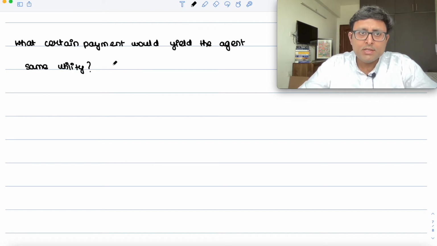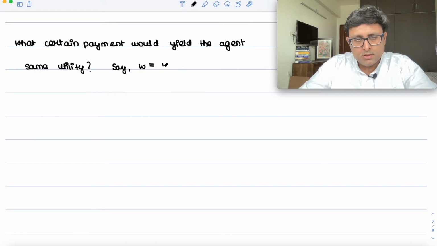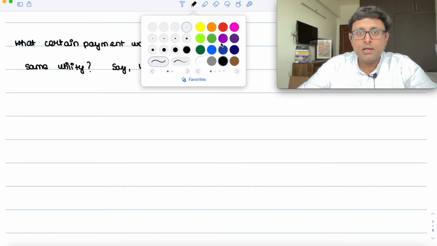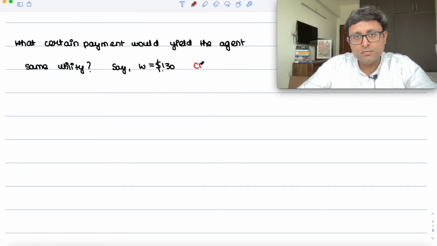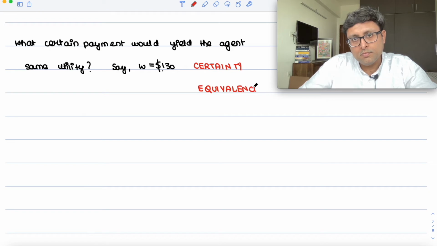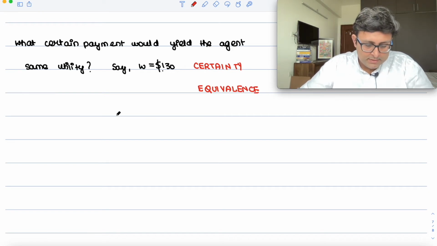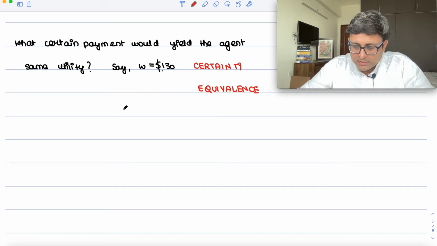So I hope you understood this. I'm just assuming, say, your W equals $130. That's what we have. This is what is called the certainty equivalence. This is what certainty equivalence is.